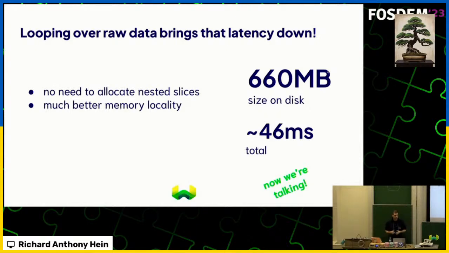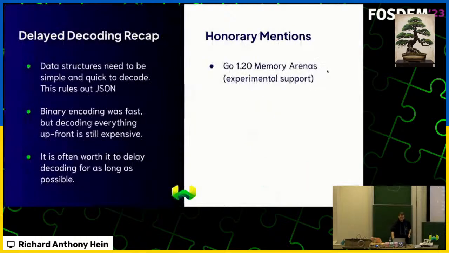We're just reading it in a slightly more efficient way. We don't have to allocate slices, and because we don't have nested slices, with pointers to other slices, we have better memory locality. And now we're at 46 milliseconds, and that is cool. 46 milliseconds is basically the time frame that can be acceptable for a database.